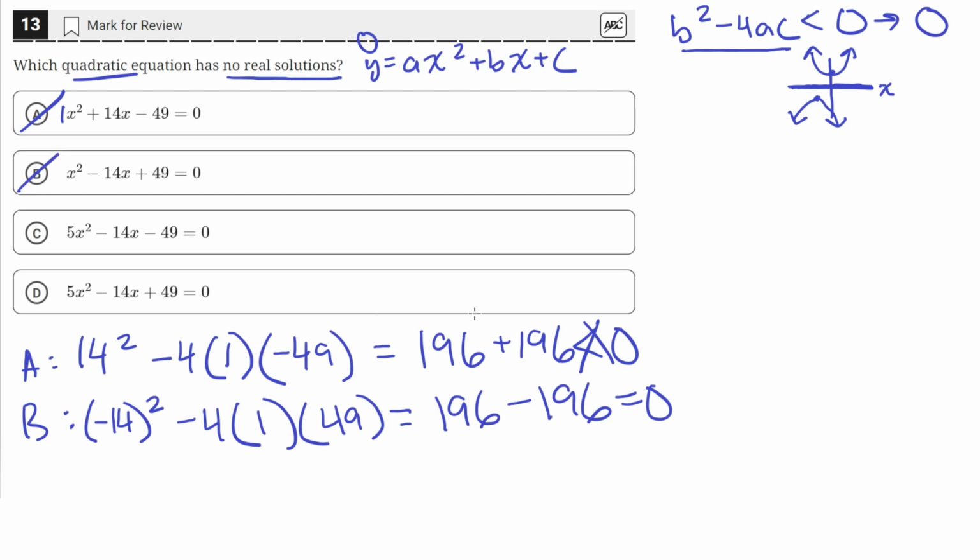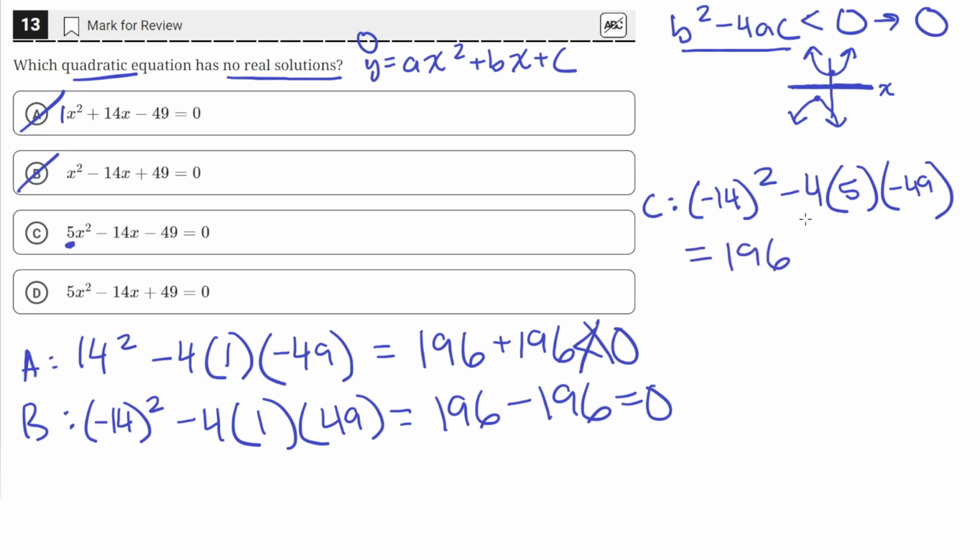Okay, so for answer choice C, this time we have a equaling 5. So b squared is going to be the same thing again, negative 14 squared, minus 4 times a, which is 5 in this case, times c, which is negative 49. So negative 14 squared is 196 again.